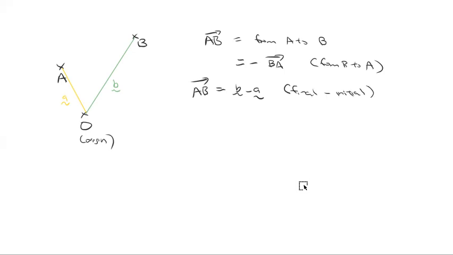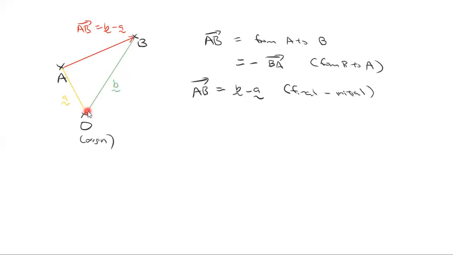Another way to think about it: AB is the vector from A to B, but this is B minus A. The shortcut is that AB is always the vector B minus the vector A.